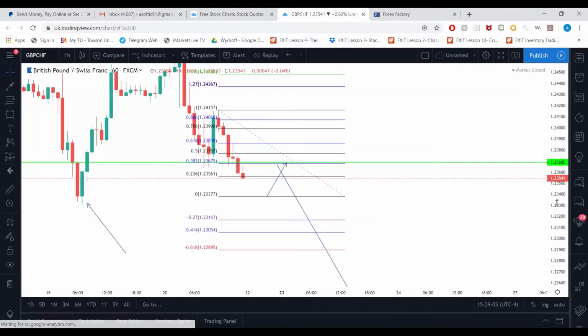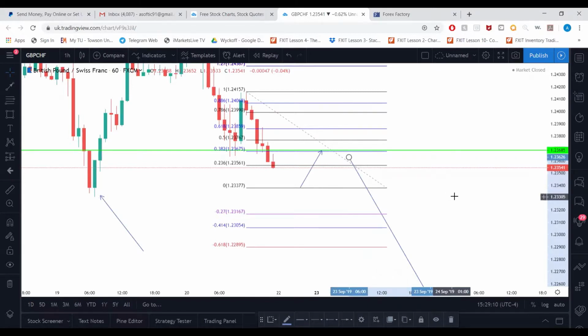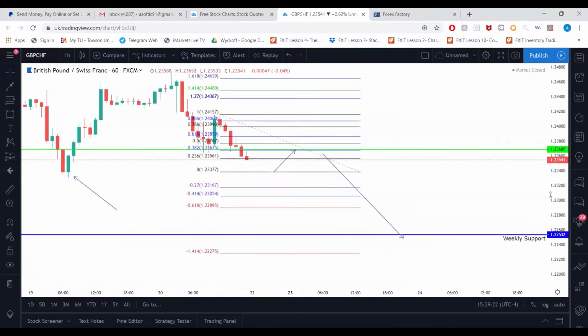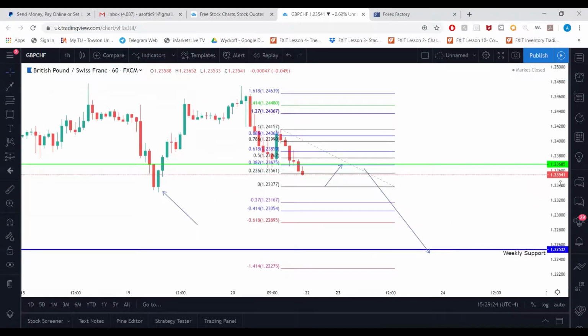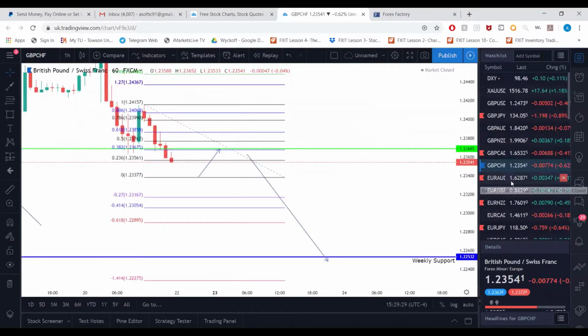You see how this makes confluence, 38.2 pullback into the current resistance, and then sell from there. That would be beautiful. Easy setup and potential of 113 pips. So for right now, nothing, but I am bearish on pretty much all GBPs as of right now.